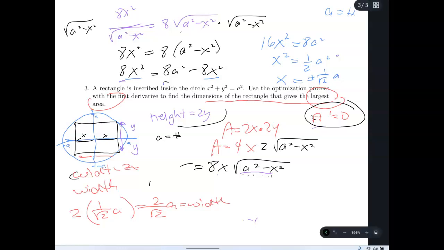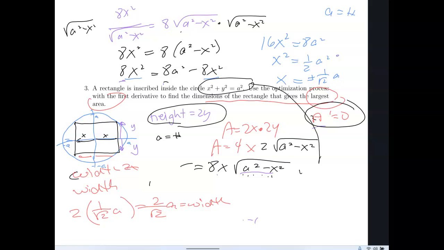The height is going to be 2 times the y value. And so the y value, remember we solved for this function. So we did y is equal to the square root of a squared minus x squared. Whoops, not y squared, y. Okay, so I'm going to put in this x value.